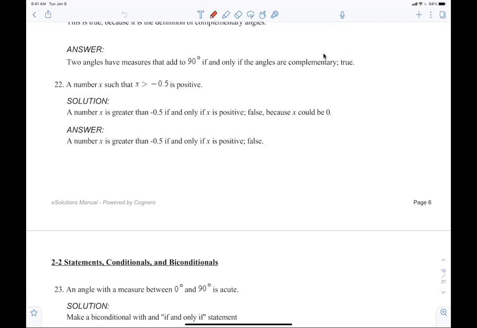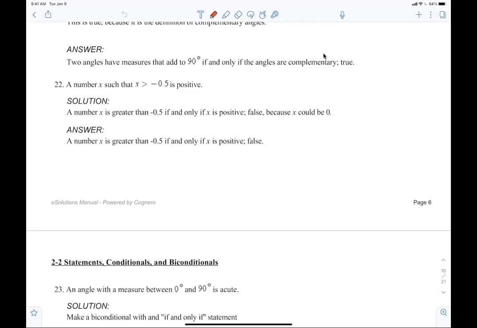Here they're just saying if you have a number X and it's greater than negative 0.5, it must be positive. And we know that's false, right? So the biconditional would not hold true, because the conditional itself is not true. The conditional must be true and the converse must be true. Then automatically the biconditional is true and you can write it as if and only if.